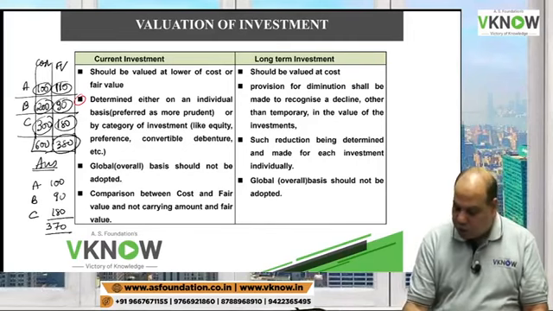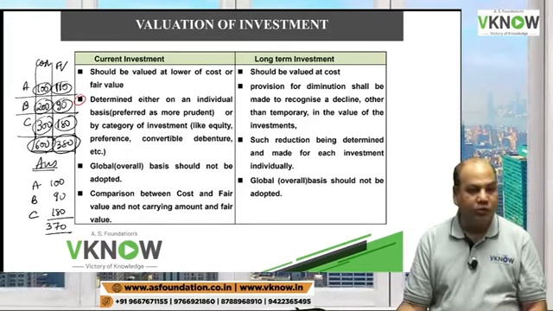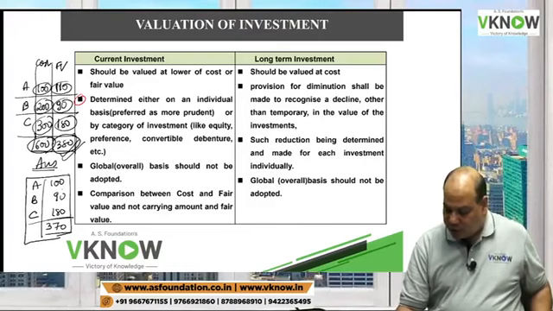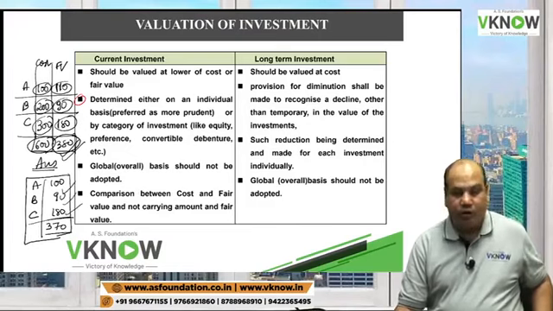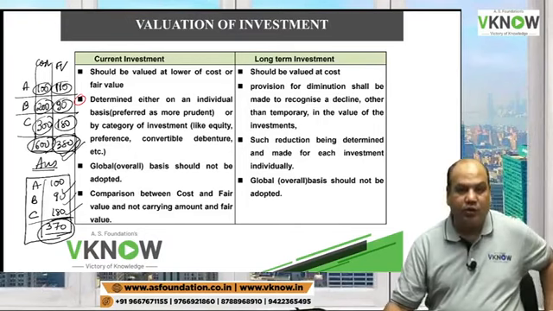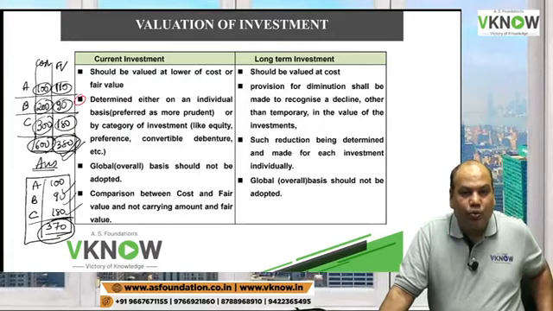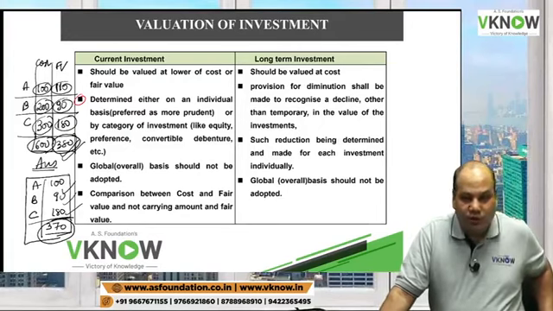If I take total fair value and total cost, then my answer will be 380. But if I compare on individual basis, one by one, then I will get the lowest answer. So concept of prudence will be ideally take one by one, and don't compare their totals.